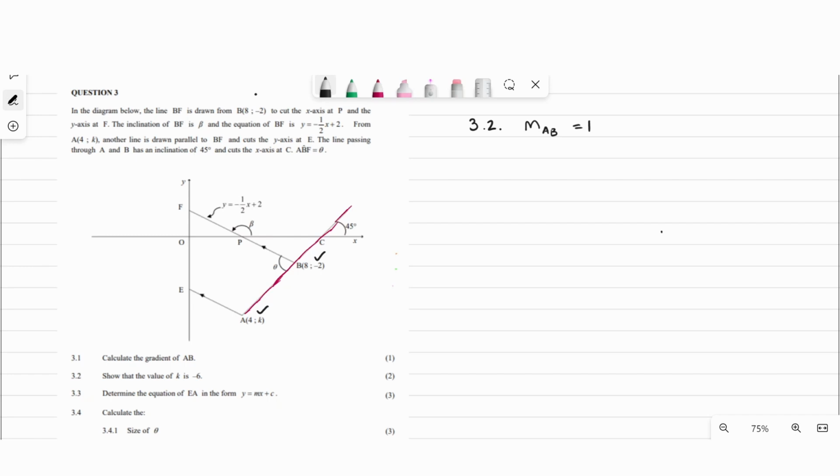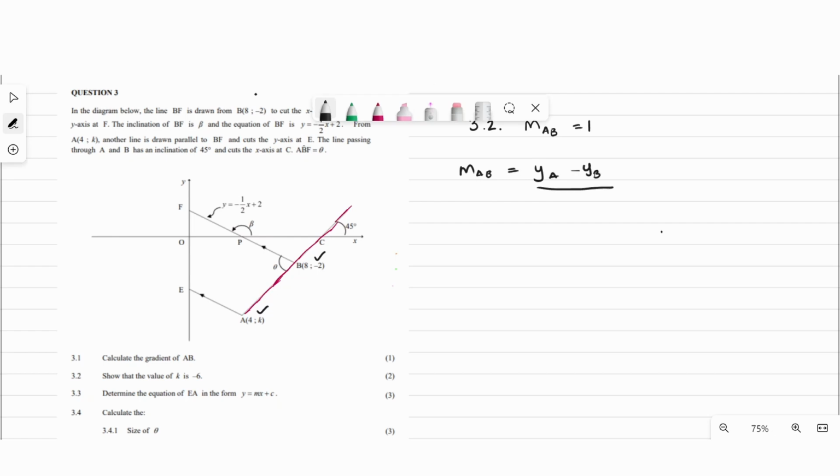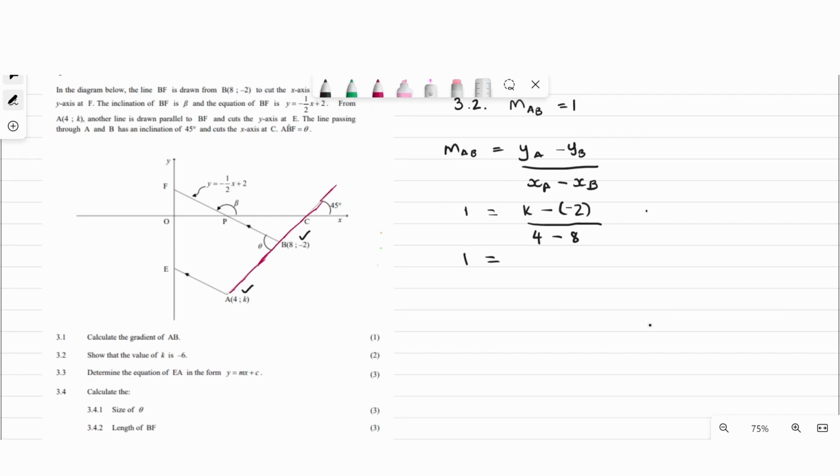The gradient of AB equals YA minus YB divided by XA minus XB. Substituting 1 for the gradient, YA is k, YB is -2, XA is 4, minus 8.